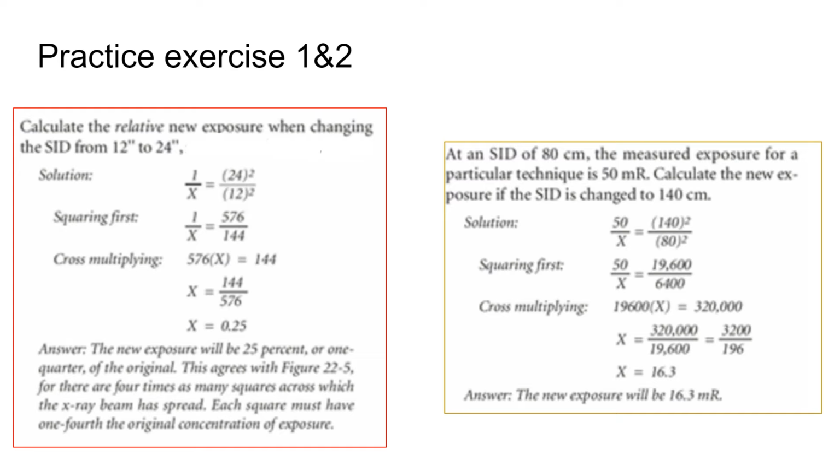Okay. Now I cross multiply. I get 6,400. Oops, sorry. I get, yes, I'm 50. Well, I like to do it this way. I get 19,600x is equal to whatever 50 times that is, which is what? 320,000, right?